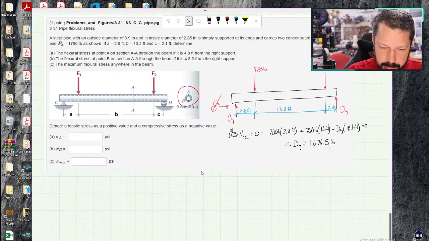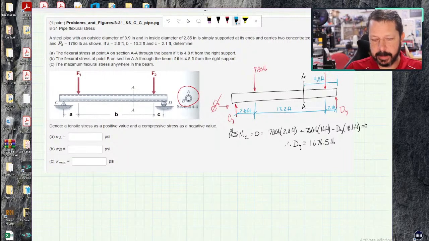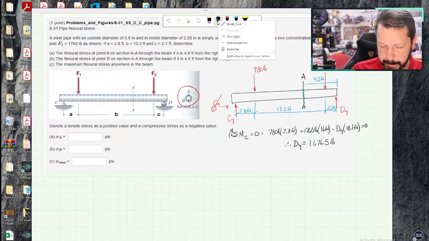Now I can go to section AA, which is, what did it say, 4.8 feet from here, and draw that free body diagram. So I'm going to cut it open right on that section.